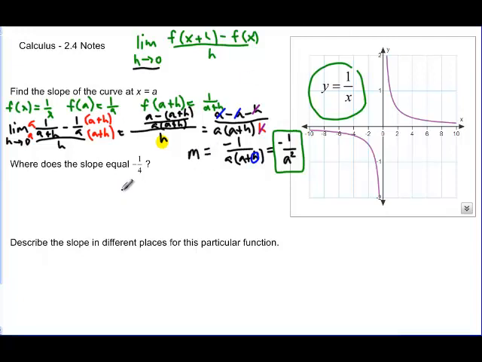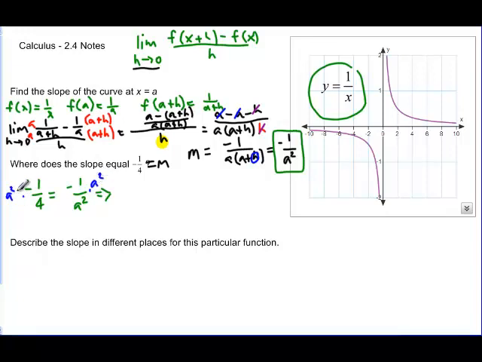Remember, slope is m. So I'm just going to take this negative 1/4 and set it equal to negative 1 over a squared. Multiply both sides by a squared so that we can get the variable out of the denominator.